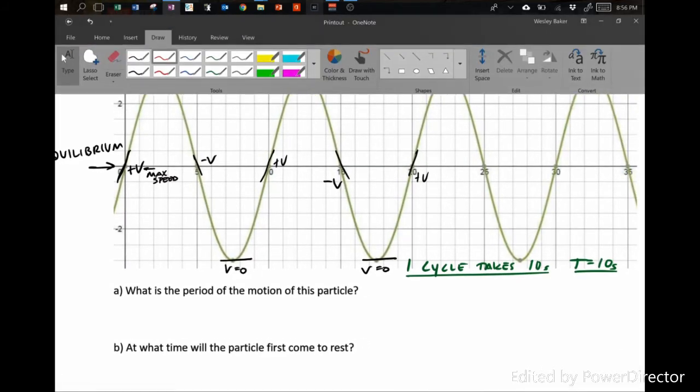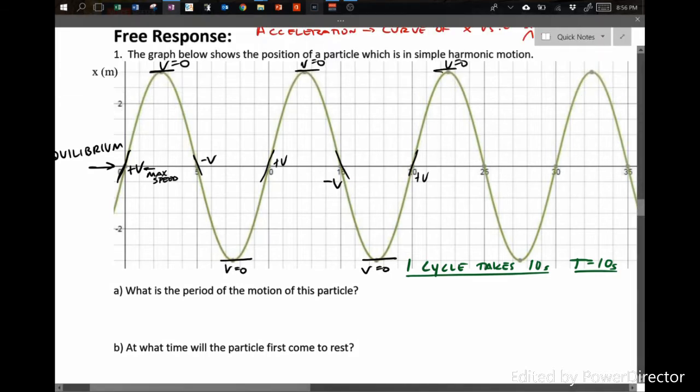The next thing that we're going to look at is the acceleration. The acceleration has to do with the curvature. Here we have kind of a straight line, so the acceleration is 0. Here, a bit of a frowny face, so we have negative acceleration. Straight line again, so the acceleration is 0. Smiling face, so we have positive acceleration.